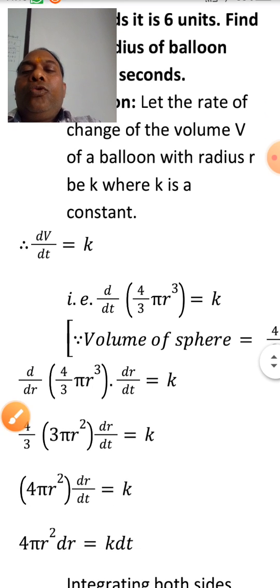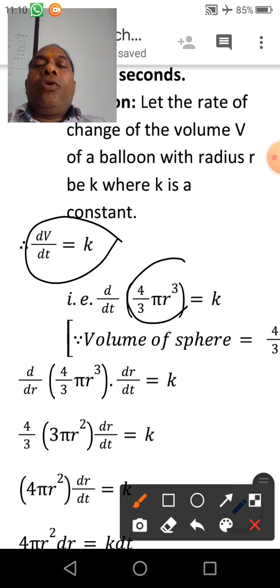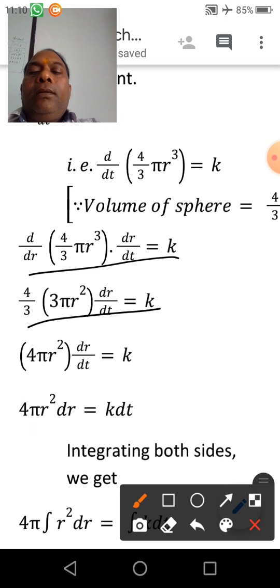So dV by dt is equal to k. We know that the volume of a sphere is V is equal to 4 by 3 pi r cube. So d by dt of 4 by 3 pi r cube is equal to k. Now differentiating on both sides, then you have 4 pi r square dr upon dt is equal to k.